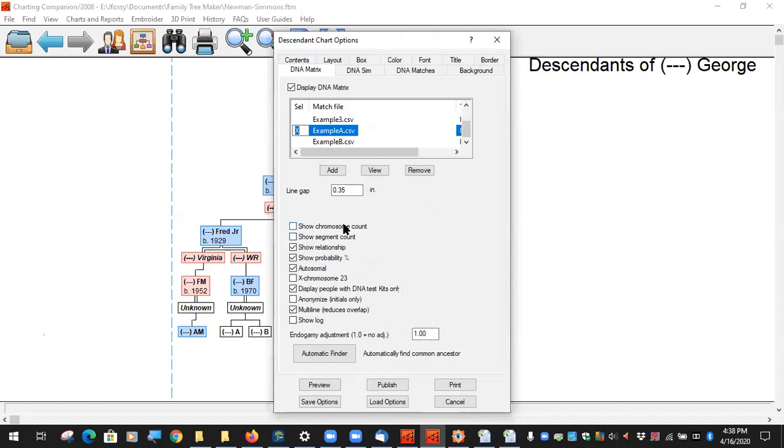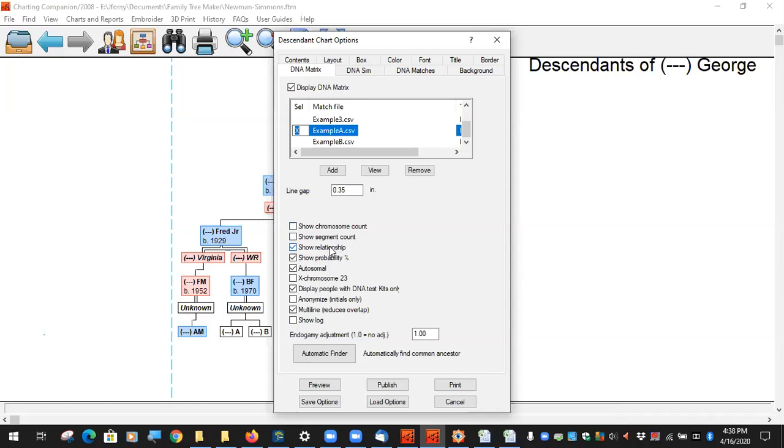If you've got segment data, like on chromosome 1 you share this much data, and chromosome 2 you share this much, that's where you can check these first two items. That can be handy.